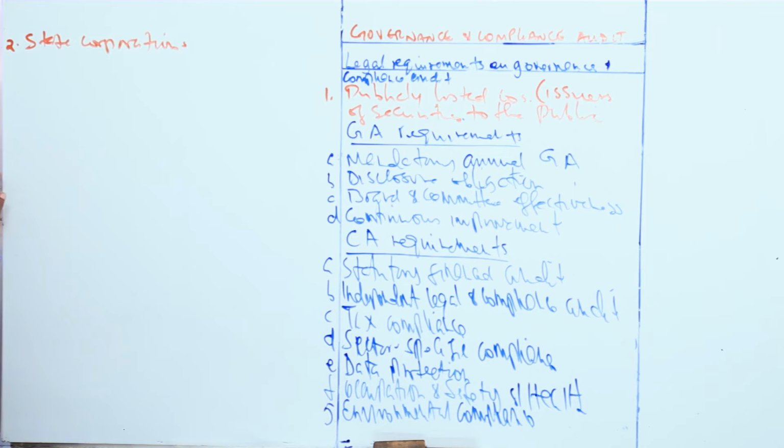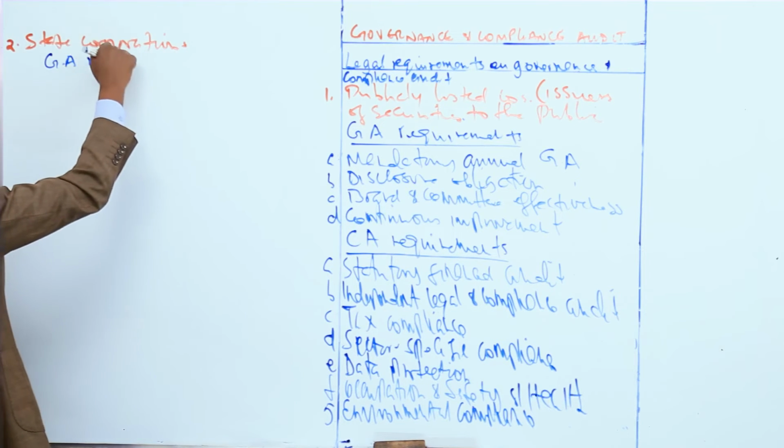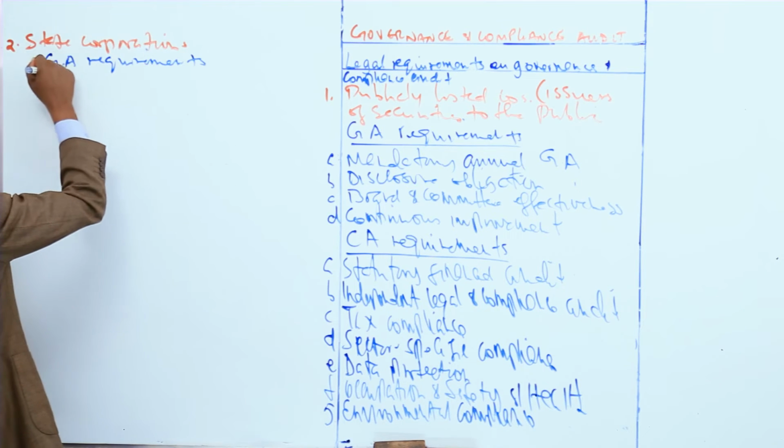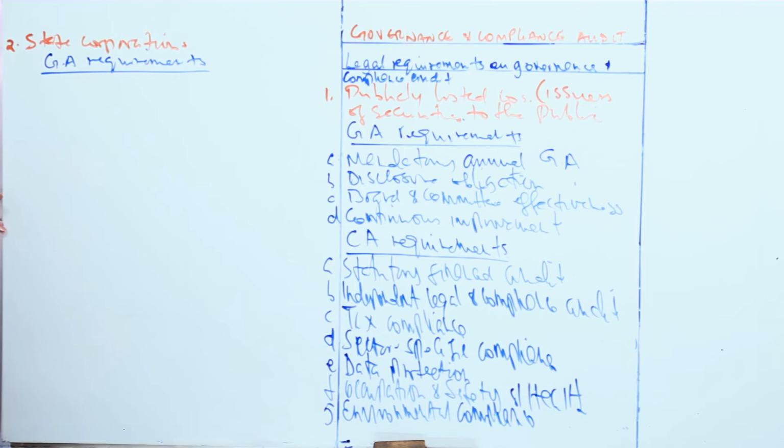So let's now highlight the governance audit requirements for state corporations. What are the governance audit requirements for state corporations in Kenya? Now, the first one is a mandatory governance assessment, and that is according to Mwongozo.